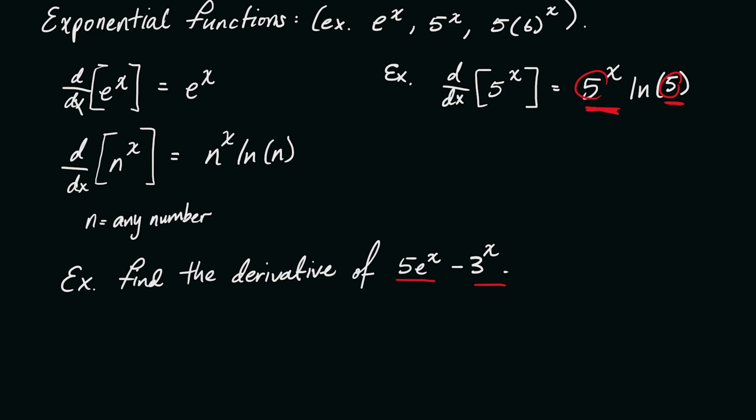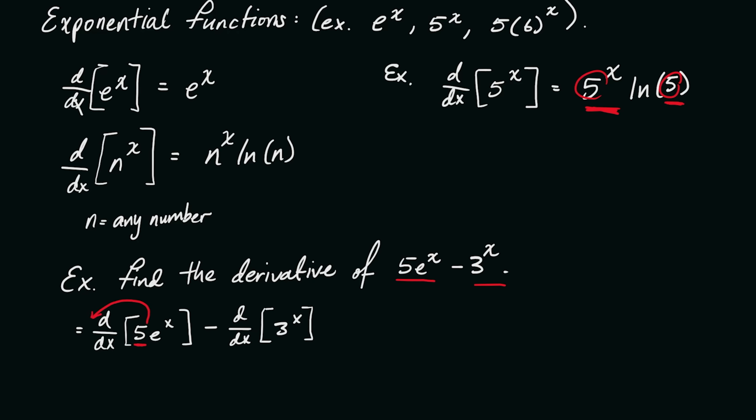So we're just going to take the derivative of each of the individual terms, minus d over dx of 3 to the x power. Now we see that 5 in the first term is just a coefficient, so we can bring that outside.